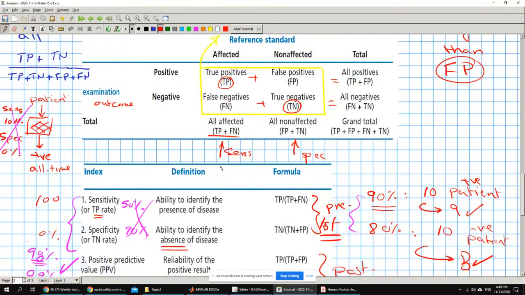Then I'm looking at the rows here, instead of the columns. Just consider the positive diagnosis: you have true positives and false positives. If I divide the true positives by the total of all the positives, I can get an estimate of how reliable my diagnosis is.